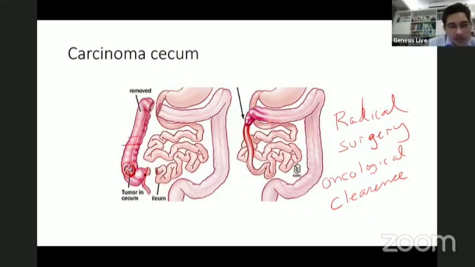So in case of carcinoma cecum, what are the things we remove to achieve an oncological clearance? We remove the malignancy, number one, then the whole of the ascending colon, and about the right 1/3 of the transverse colon, and the distal 20 centimeter of the terminal ileum. So what are the things we remove?